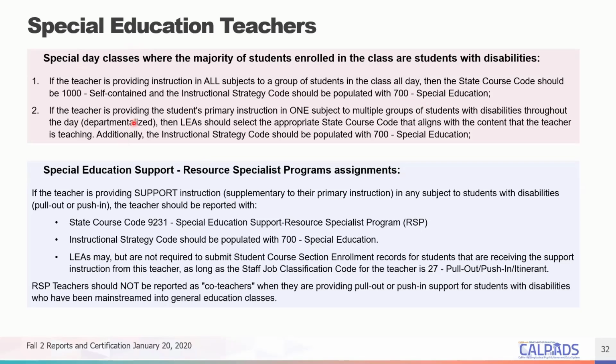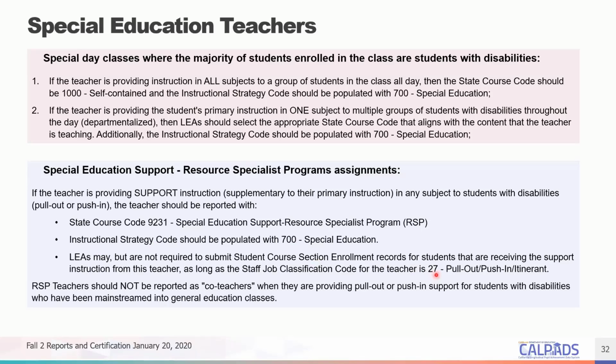Now, if it's departmentalized, then assign the specific state course code appropriate to the class and then assign 700. And then for those teachers who are resource specialists, if a teacher is providing support, then you report them to state course code 9231 and assign instructional strategy code 700.